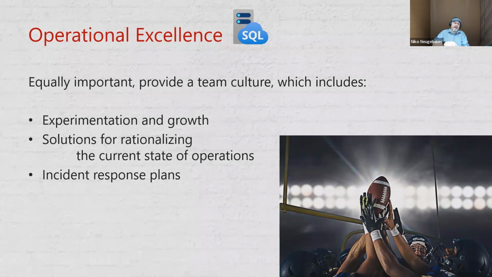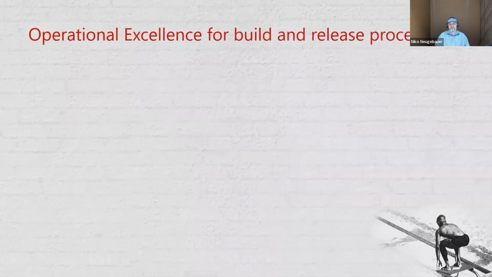And if your team is unable to experiment with the new features and find a way of maybe optimizing or improving some of the aspects, you will not have the cost benefits. You need to have the incident response plans, the disaster recovery, et cetera, but don't forget the team culture. It's absolutely essential, especially in the modern time.